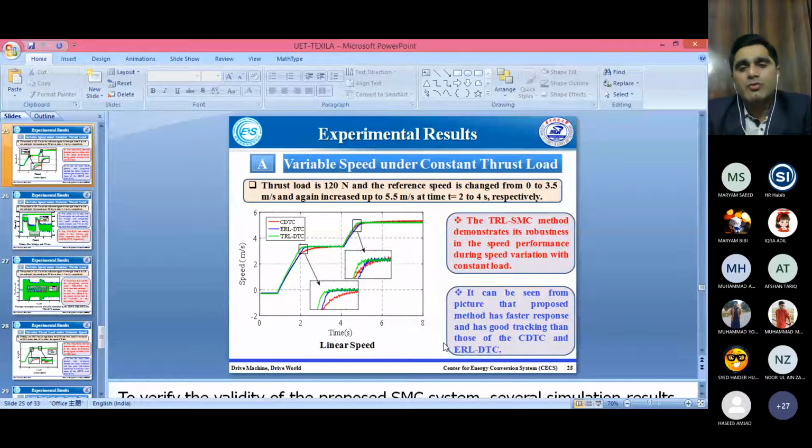Yes, I can understand. You are talking about the four quadrant operation, meaning the machine goes forward, forward braking, and reverse braking. Sliding mode control has already been checked on different drive systems, like I personally checked it on the PMSM and rotary induction machine.